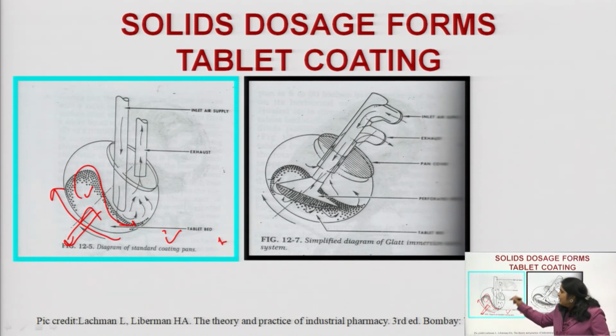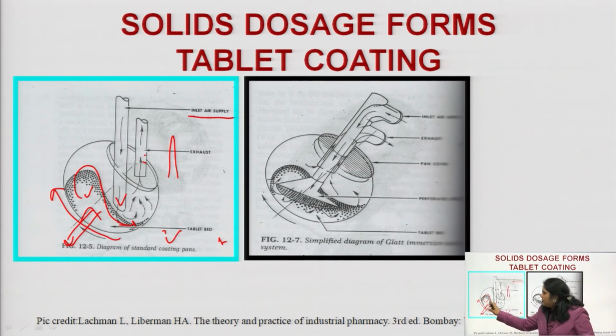So, now the rotating pan is moving and there are two pipes, two tubes. This tube is for air supply, inlet air supply. This air has sufficient temperature and very low humidity.